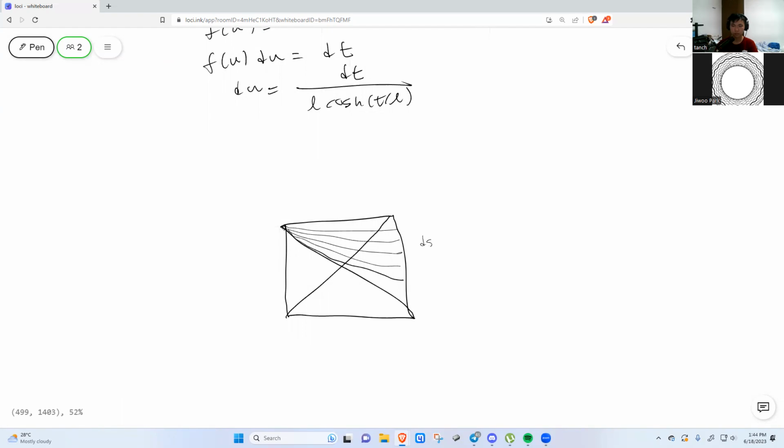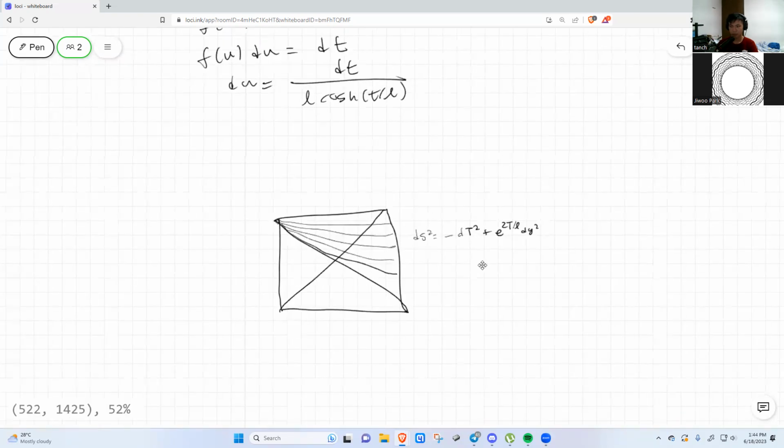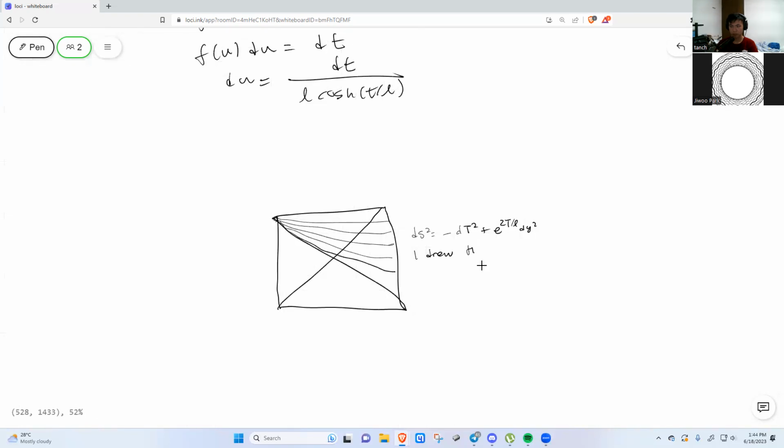This is ds squared equals dt squared plus e to the 2t over L dy squared. This is the metric, and I drew the constant t surfaces.